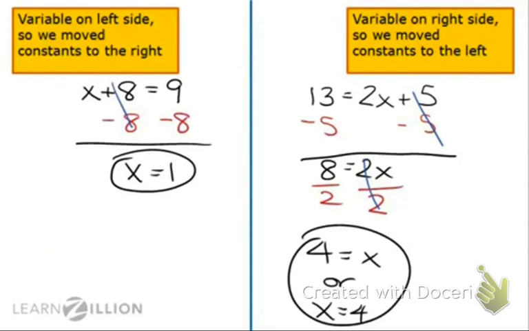In the first equation, the x was on the left side, so we moved the constants to the right. We subtracted 8, inverse operations. On the second equation, we have an x on the right side, so we moved the constant, in this case a positive 5, by subtracting 5 to the left side.